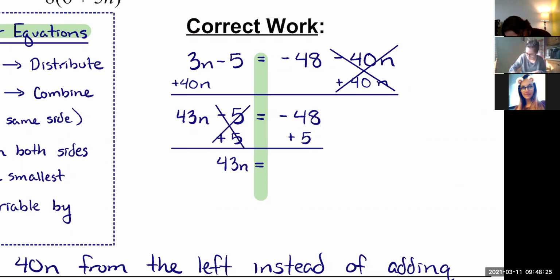Bring down the equal sign. -48 plus 5 gives me a -43. What's left to move? You divide by the positive 43. Divide both sides by that positive 43. So I end up with n by itself equaling -1.